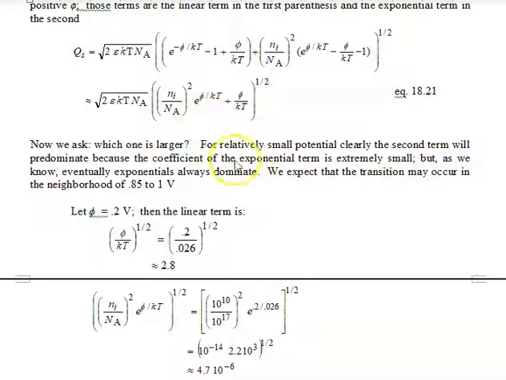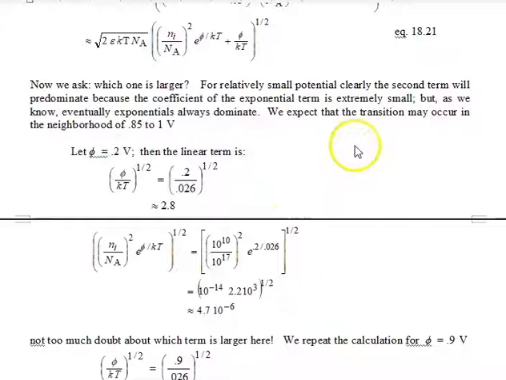Okay, somewhere there's going to be a transition between this term and this term, and we expect that that's going to occur somewhere around threshold. So we would expect that transition to occur somewhere around 0.9 to 1 volt of positive gate voltage.